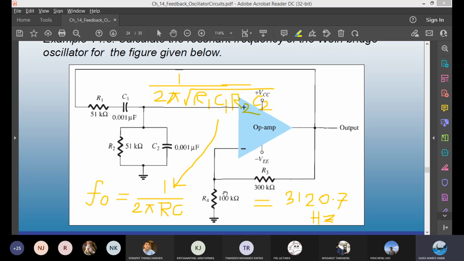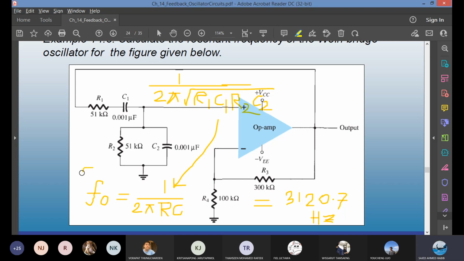You can even have a circuit design problem. If I give you the same problem, let's say, design it in such a way that the output frequency is 10 kilohertz or 5 kilohertz. What will you do?